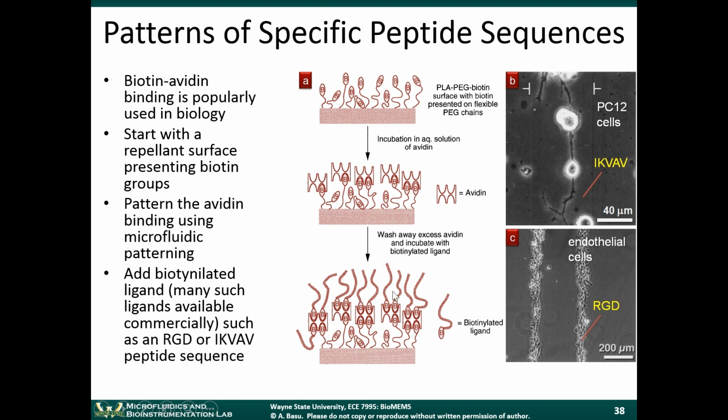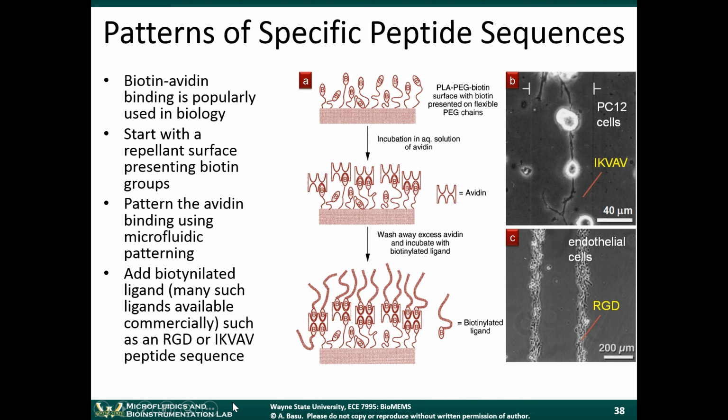So this is sort of like a sandwich type approach. The avidin is really just being used as a glue to attach two of the biotin molecules together. Now the second biotinylated molecule has ligands attached to it, and those ligands enhance the attachment of cells. They may contain an RGD sequence or this other sequence that's known to attach certain cell types.